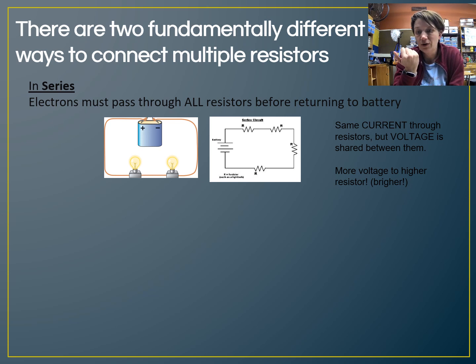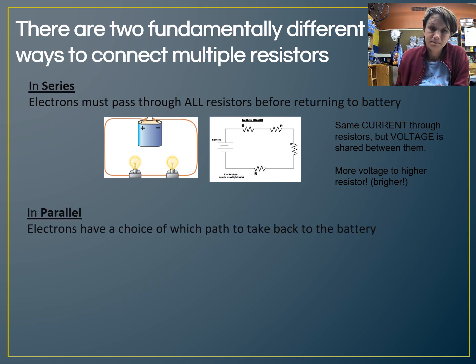I equals V over R, but if I is the same, then there's a linear relationship between V and R, so we're going to have more voltage used as we have a bigger resistor. Ultimately, that's going to mean that if we have a pure series circuit like this, the higher voltage, higher resistance bulb ends up brighter, because it's getting more voltage with the same current.